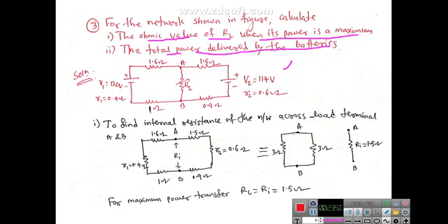So this is your given network. This is your load resistor that will be connected between the load terminals A and B.